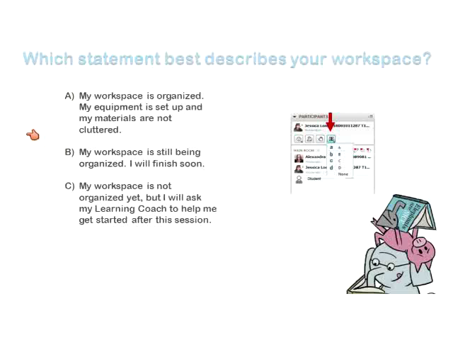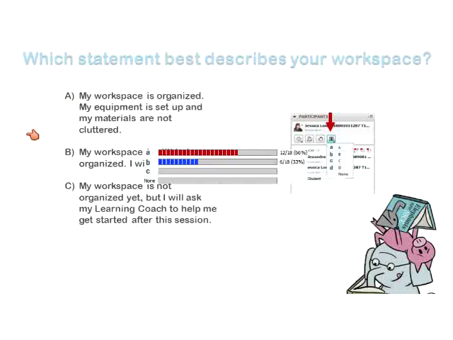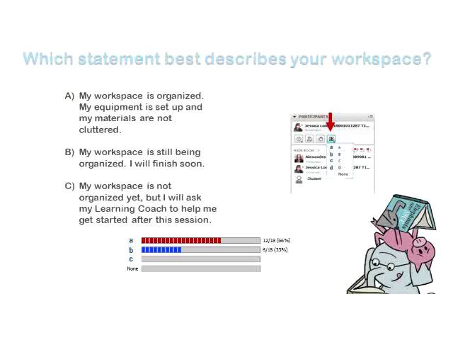And the survey says we had 12 people say their workspace is organized, and 6 people said that they are still working on it, but they'll be finished soon. Wow. I think for the first time ever, we had nobody choose letter C. You guys are on the ball. Awesome job.